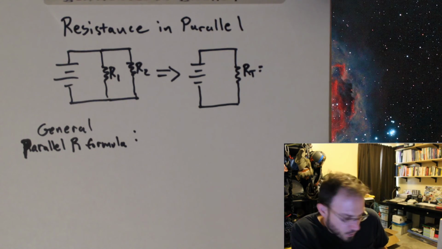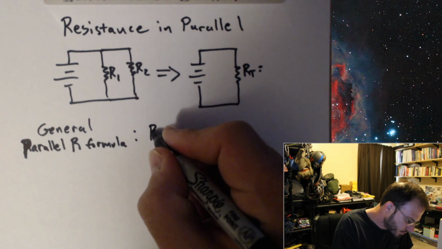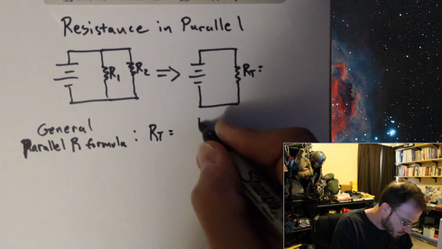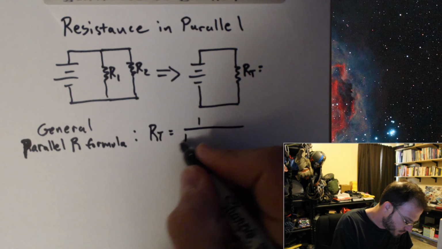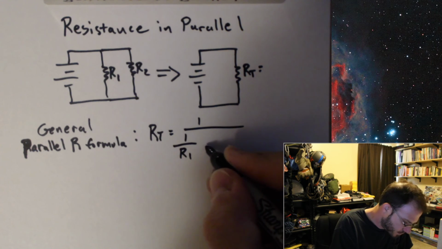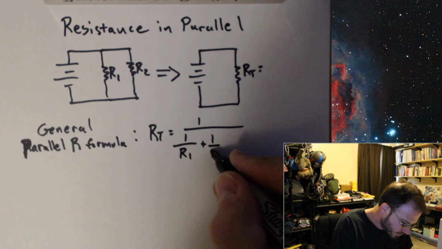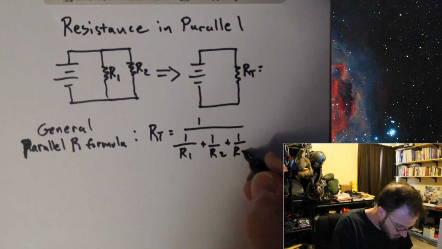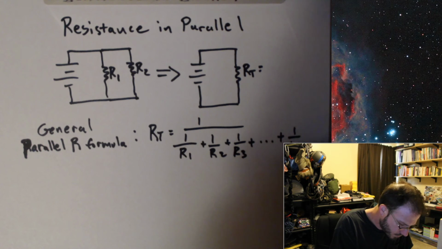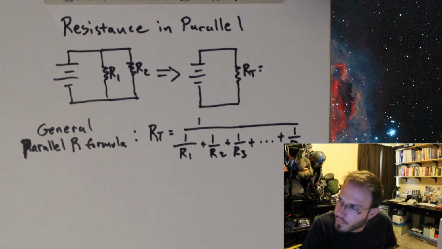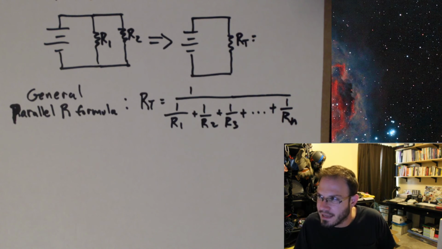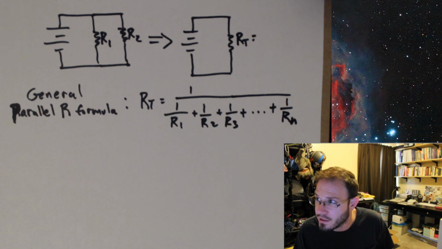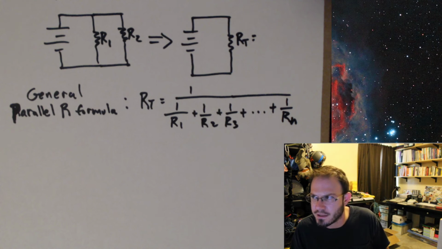is RT is equal to, okay, for as many resistors as I have, I can take the inverse of the sum of the inverses of the resistances.